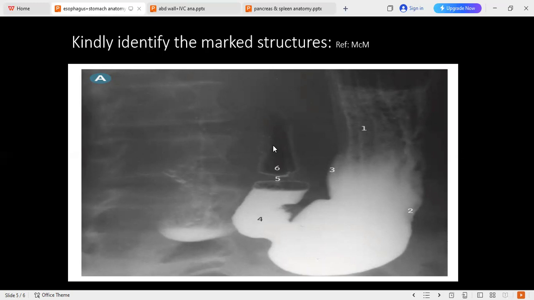Three is cardia of the stomach. Two is fundus. Four is duodenum, and I don't know about 5 and 6. Four is the first part of the duodenum, you could say. All right. Okay, thank you.